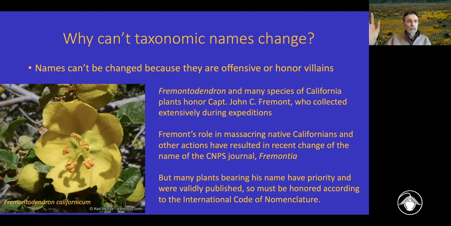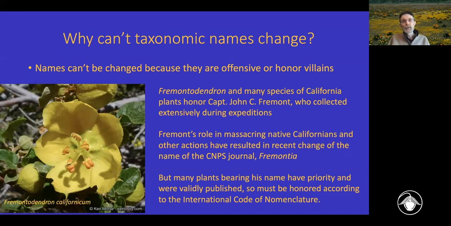And he sent his specimens off back east where they were named by Gray or Torrey. And Fremont's role in massacring native Californians and other actions has caused him to justifiably be held in considerable disrepute. I mean, he was involved in some real atrocities and was really overseeing those.